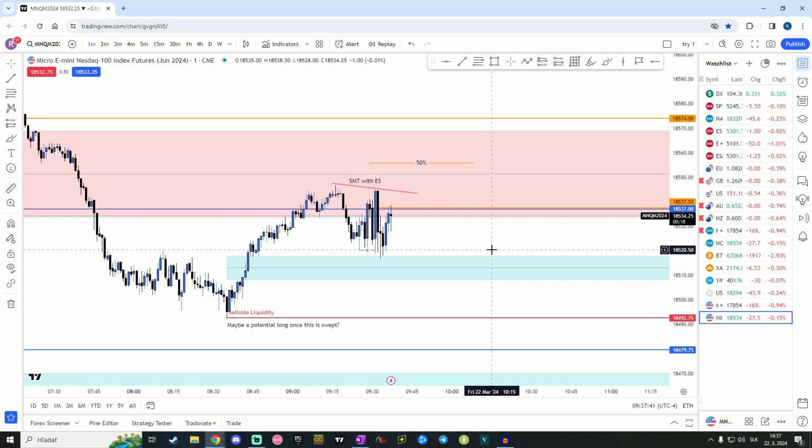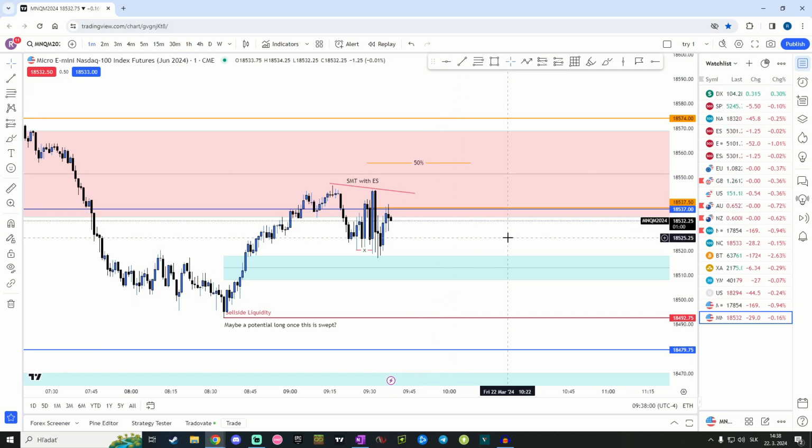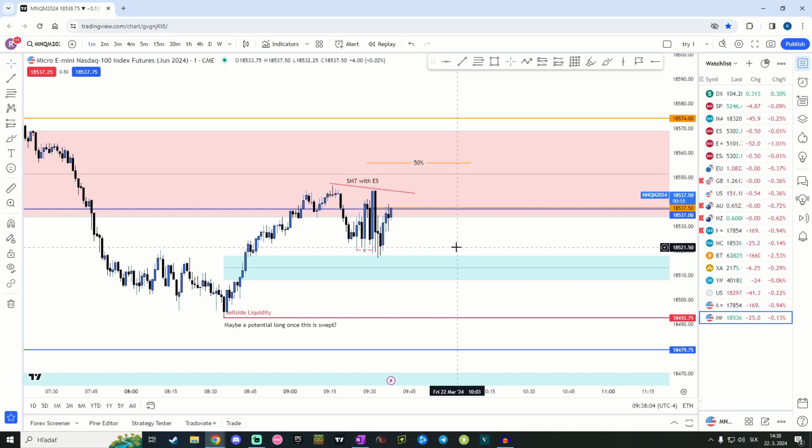We have touched the 1 hour fair value gap again, and also the opening range. On ES, we have again touched the midpoint of the 1 hour CVG. So for now, there is nothing that I can really confidently say what's going to happen. We just need to wait.